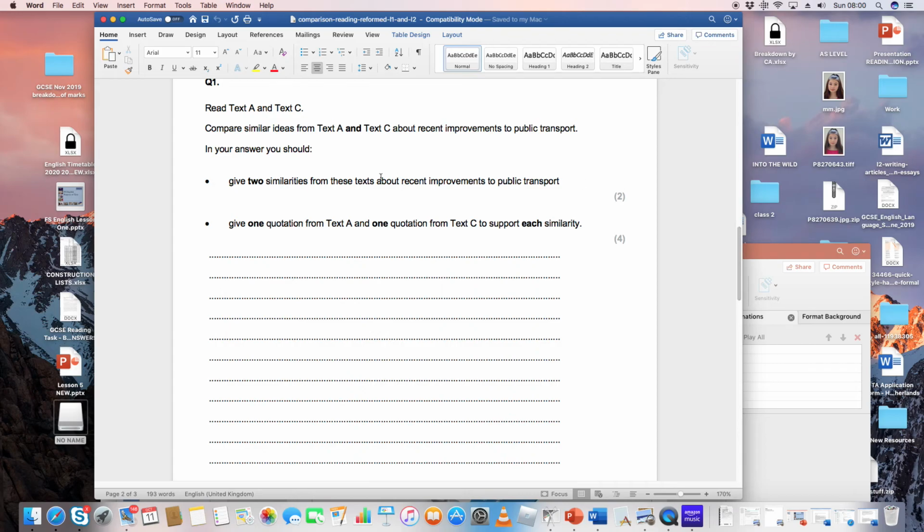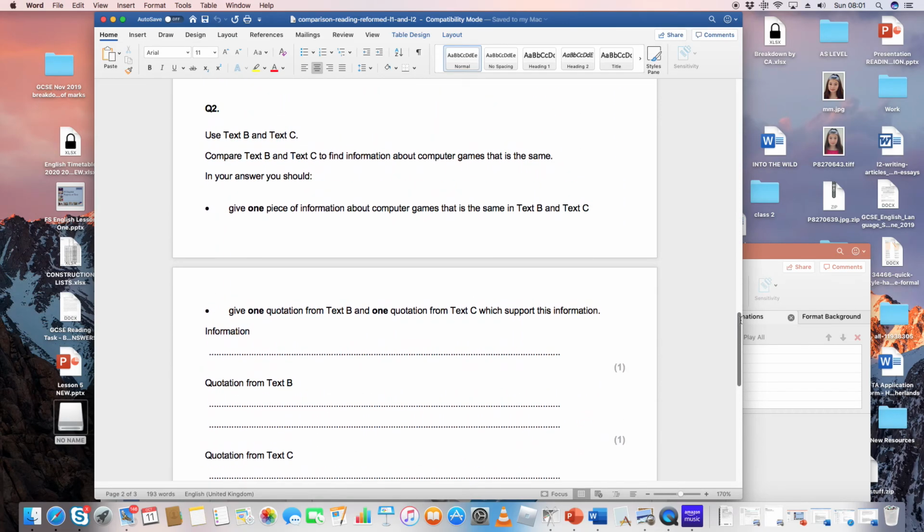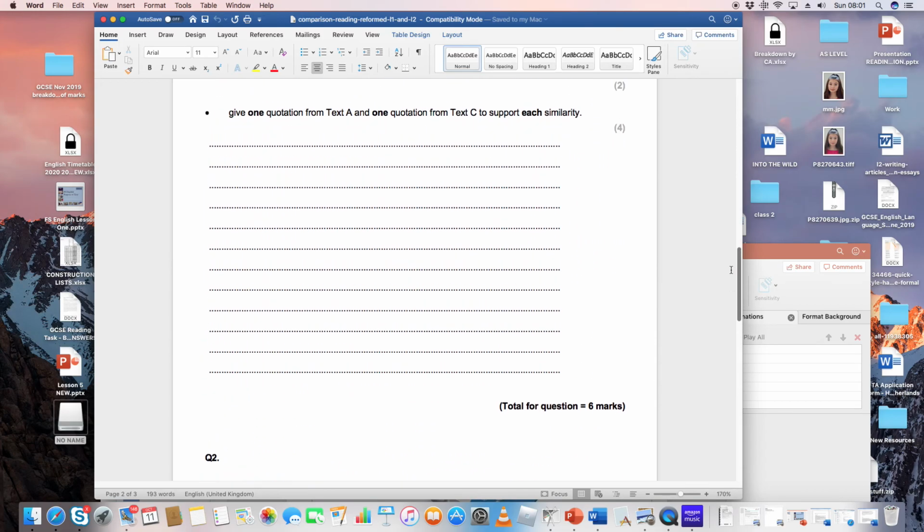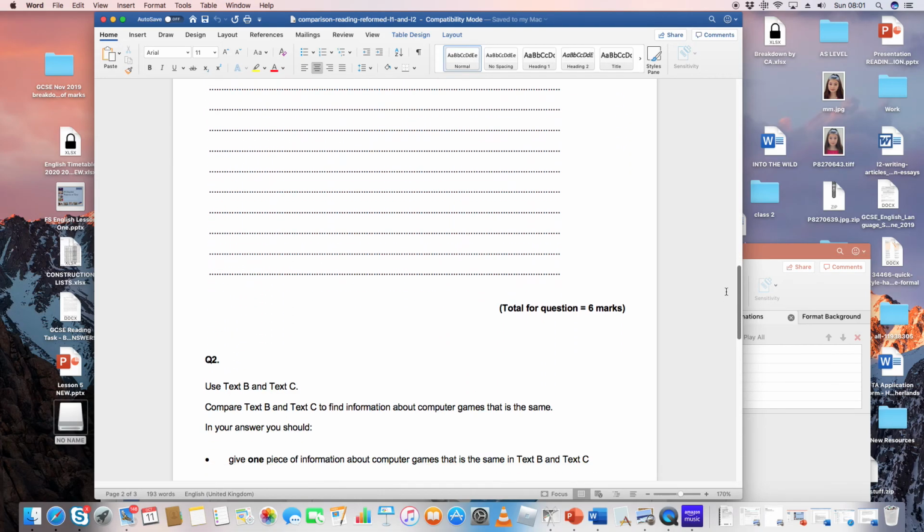So remember what we said, this one's talking about similarities. Recent improvements to public transport: two similarities and a quotation to support each similarity. For the second one, talking about computer games, it just says find information about computer games that is the same. So it's more general in a way.